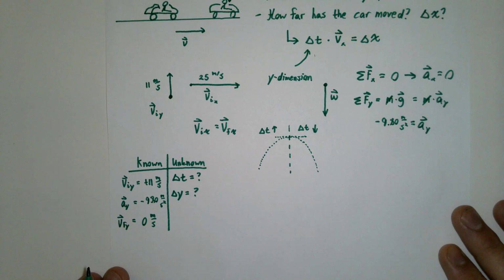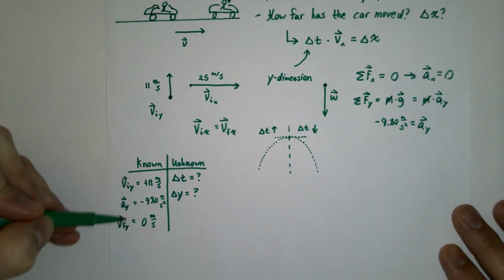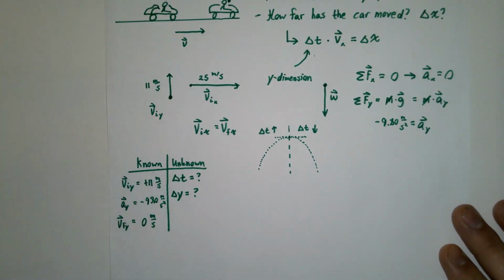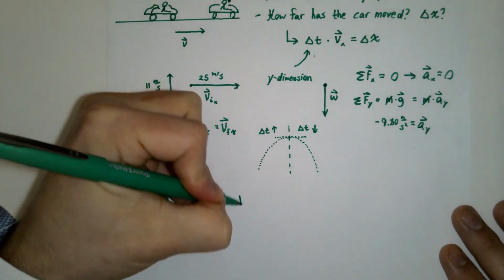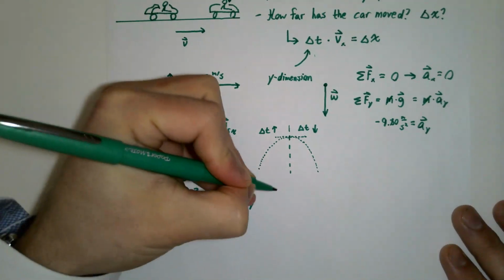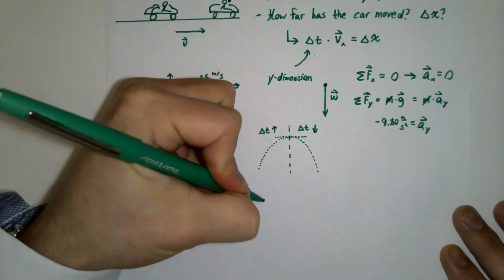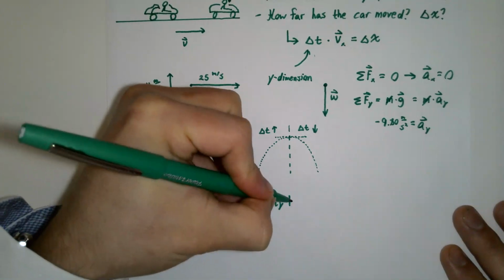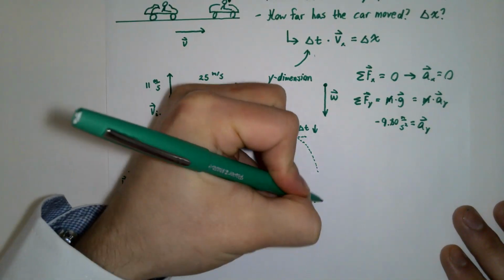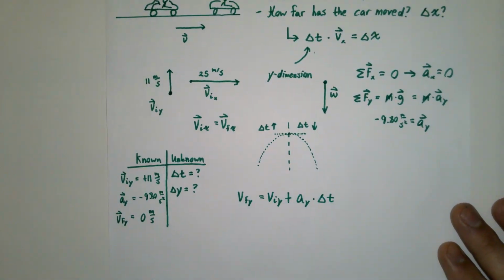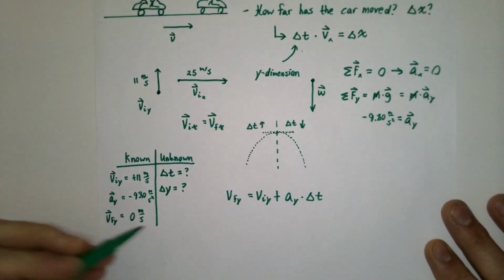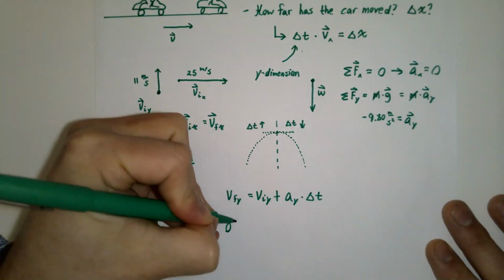Now we need a kinematics equation that can relate these 3 knowns in the y dimension to our time. Looking at it, my thought is the first kinematics equation, which is the final velocity in y is equal to the initial velocity in y plus the acceleration in y times the time. Okay, we have final velocity of 0 meters per second.